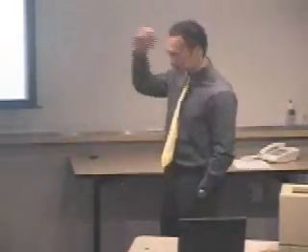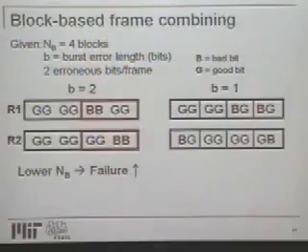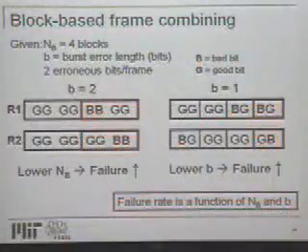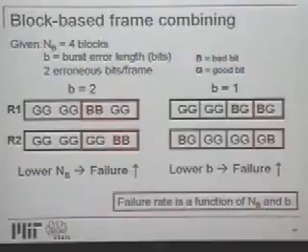Another thing it depends on is that the errors are clustered together. If they're spread more evenly over different blocks, then you will increase the probability of getting errors in the same block position. So in a nutshell, the consequence of running this block-based algorithm is that you have these two parameters to worry about.